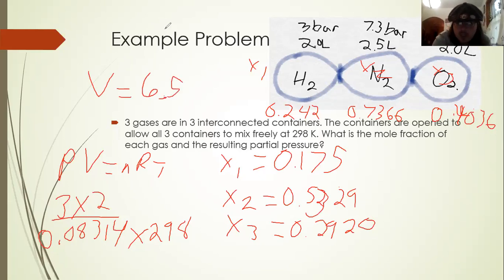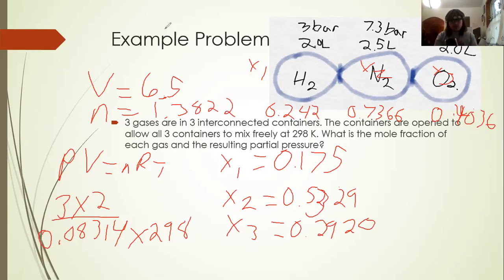If we say all gases are the same, the temperature stays the same. The total moles of gas, which we determined for our mole fractions, is 1.3822.